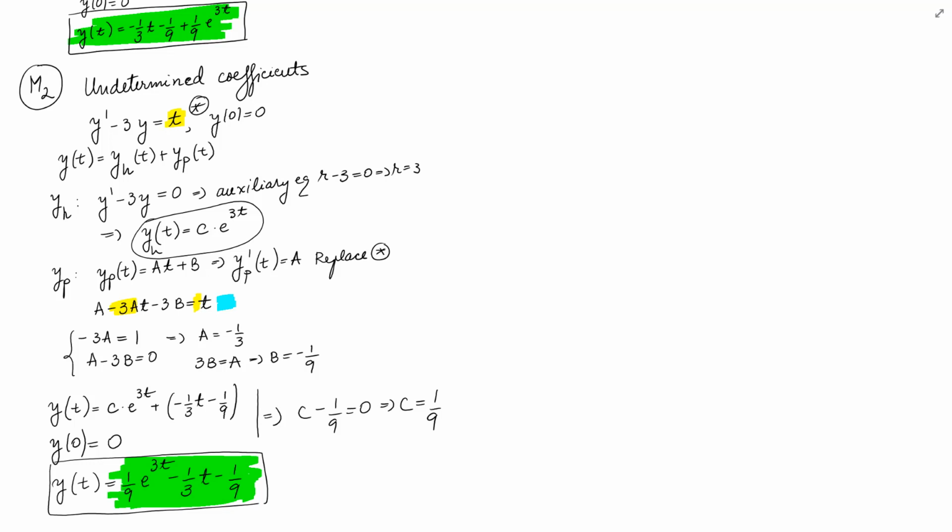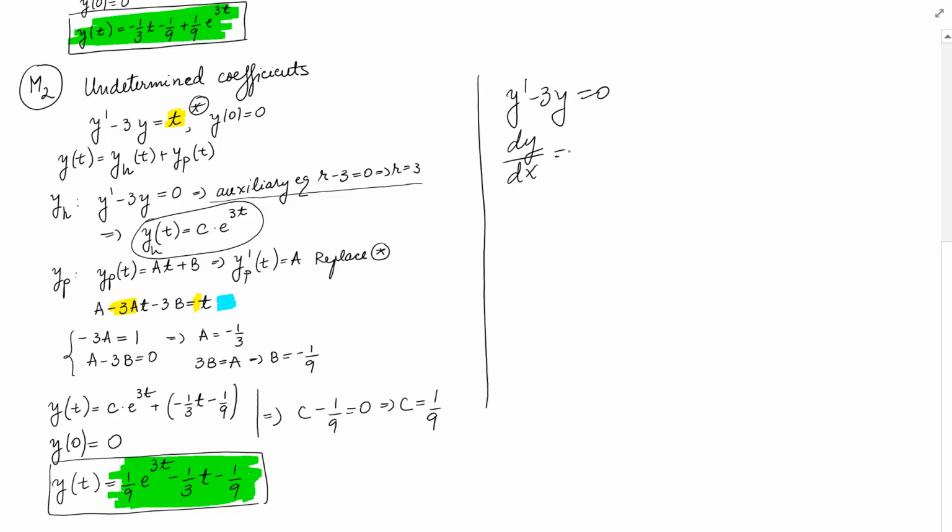But let's discuss this situation. How else would you solve y prime minus 3y equals 0 instead of writing the auxiliary equation? What other option would you have had? Well, what we can do is write dy dx equals 3y, and then use separation of variables.